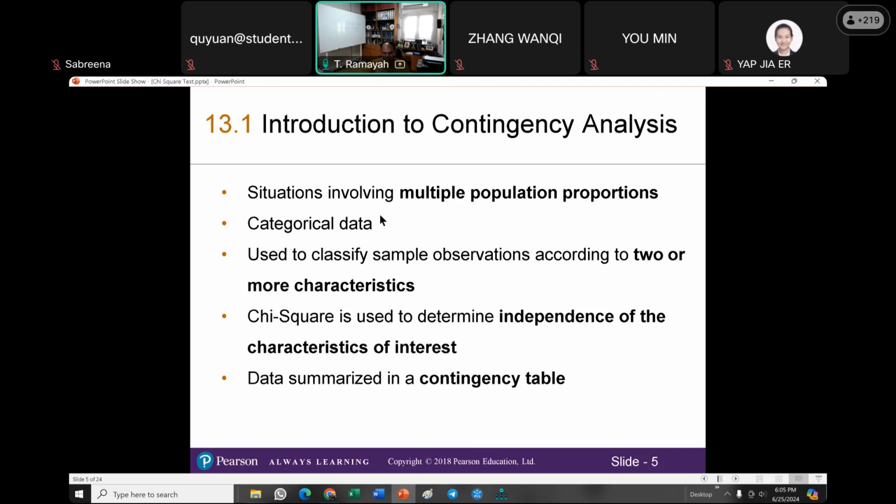After you collect your data, you classify your sample observations into 2 or 3 or more groups. Only then do we test this analysis. The chi-square test is used to determine whether these two variables of interest are independent or dependent. So this is an analysis called the test of independence.